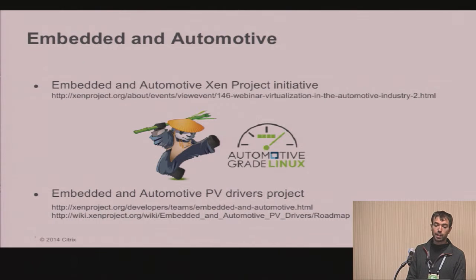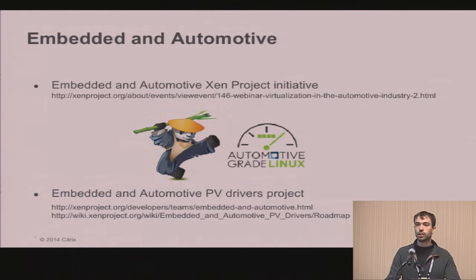Before moving to the benchmarks, I would like to spend a few words on the embedded and automotive initiative. The Xen Project, as you might have read, is kicking off a new initiative for embedded and automotive scenarios, to create a focal point of collaboration within the Xen community, for example, to write para-virtualized drivers for embedded and automotive scenarios. For example, PV drivers for the compass, the GPS, or audio, or 3D graphics, as well as maintaining ports of embedded OSs such as QNX.